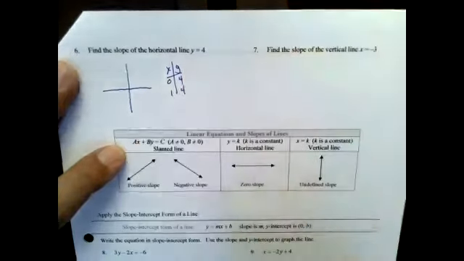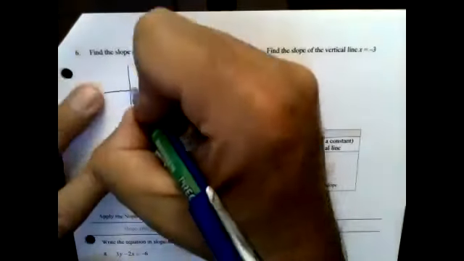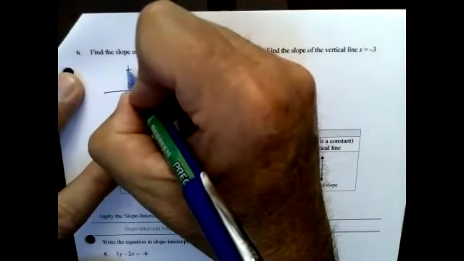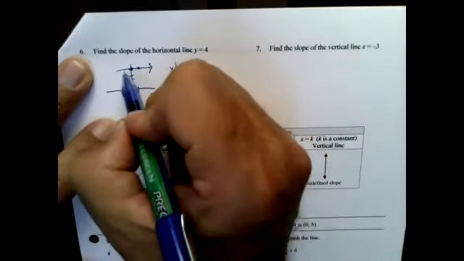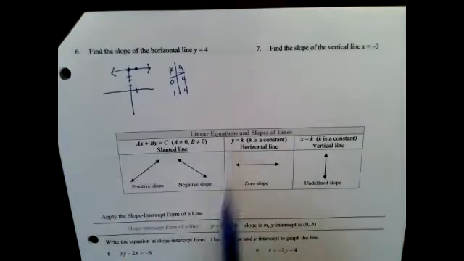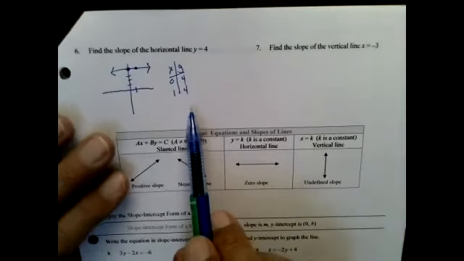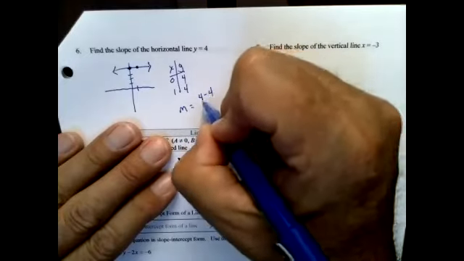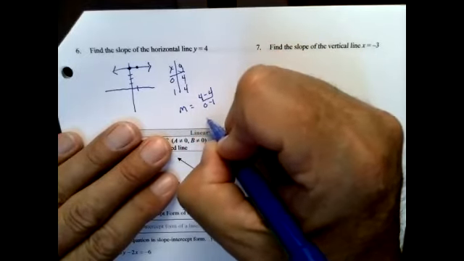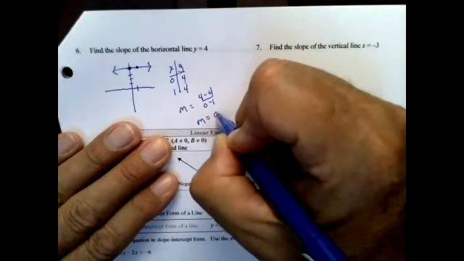So this could be 0, this could be 1. Okay, so that is a horizontal line. So I'm going to use these 2 points. Find my slope. Y minus y over x, I get a slope of 0.